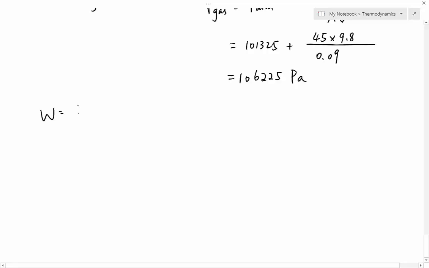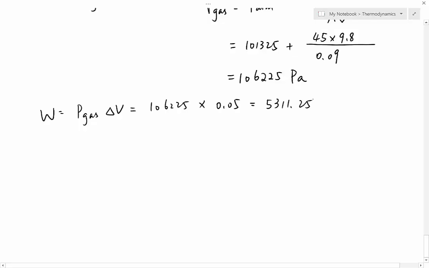We said W is equal to pressure of the gas multiplied by delta V, which we derived earlier. Pressure of the gas is given, 106225 Pascal, SI unit, multiplied by delta V, change of the volume, which is also given, 0.05 meter cubed, SI unit.